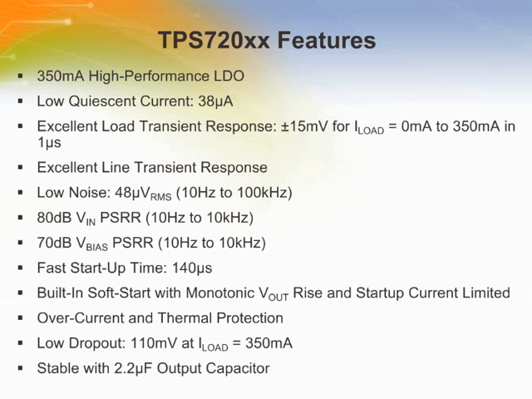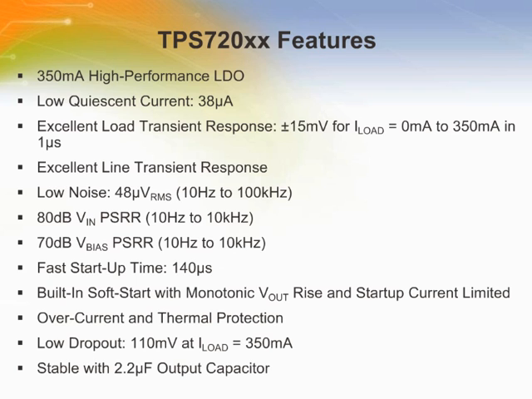The TPS72000 family of dual-rail, low-dropout linear regulators offers outstanding AC performance like power supply rejection ratio, load and line transient response, while consuming a very low quiescent current of 38 microamps.